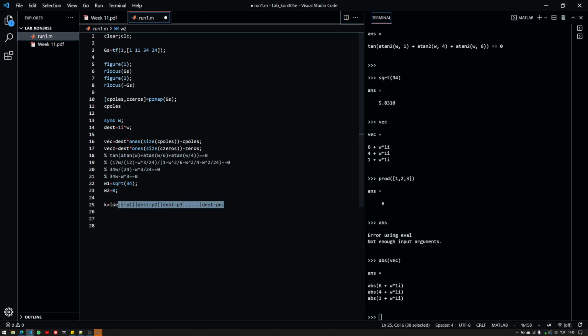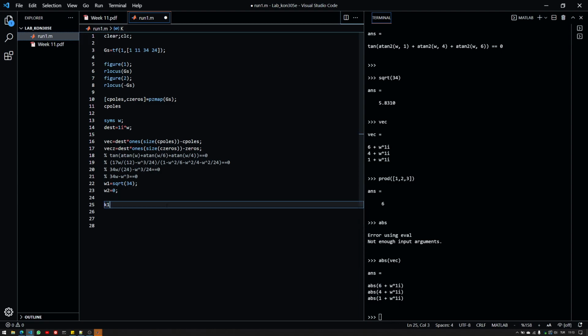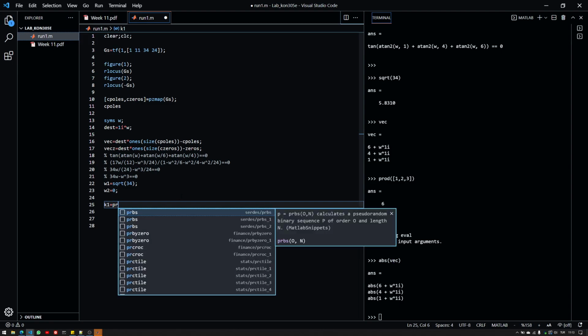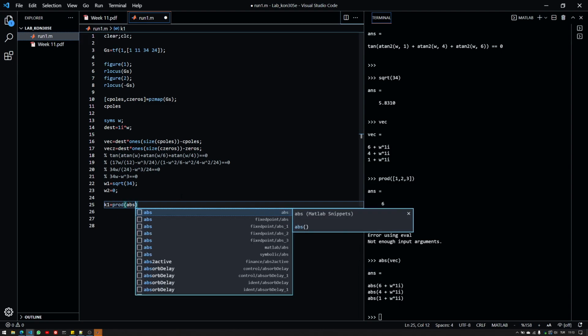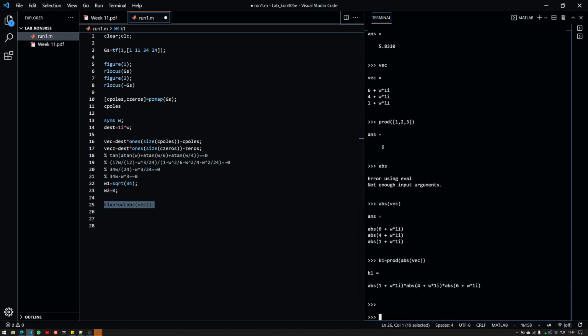So the gain value for the given, let's use this one here, for the given omega would be the product of the absolute values of my vector. Of course, this is still pretty general because we don't have omega here.